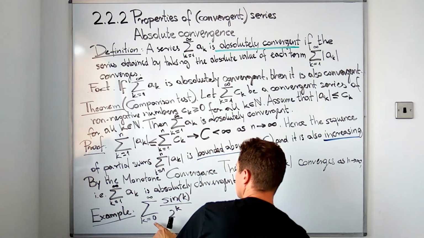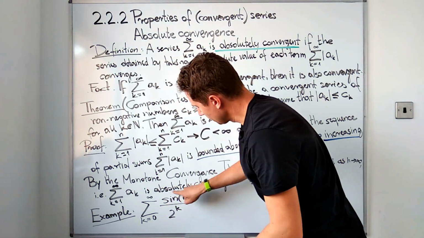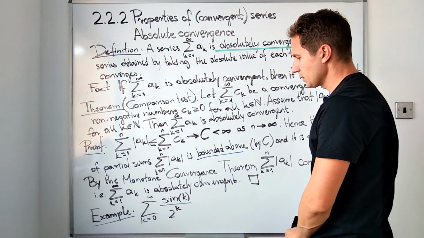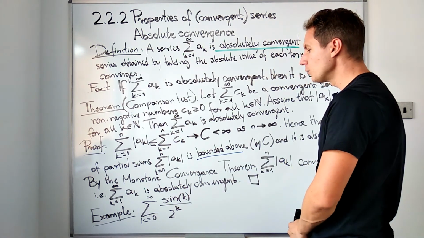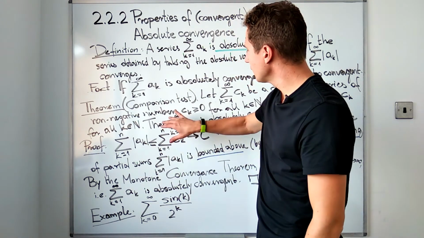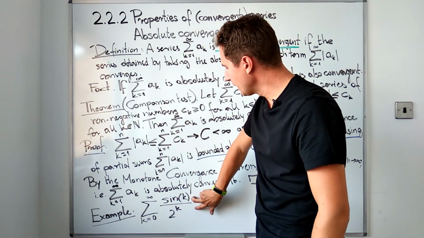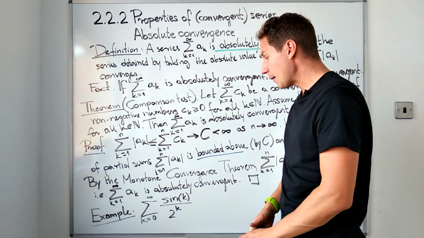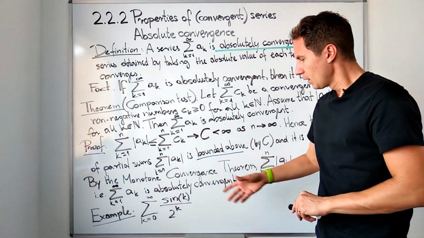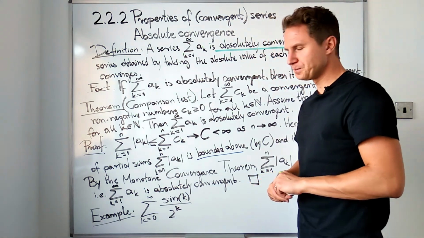Of course, k equals 0 gives us 0, so it doesn't really matter which of these numbers I'm starting from. So what I would like you to do is to pause the video and think about how the comparison test could be applied to prove that this series is absolutely convergent and hence convergent. Pause the video and think about it.